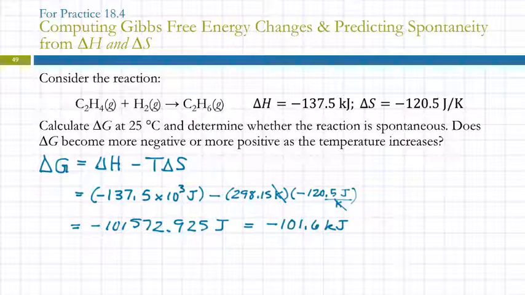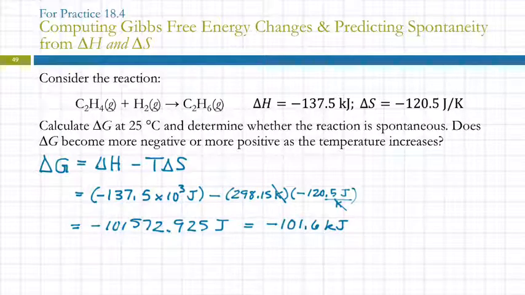Is it going to become more negative or more positive as temperature increases? So as this temperature gets larger, I'm subtracting a negative number. I'm adding, right? And as temperature increases, I'm adding a larger and larger number. So it's going to become more positive, right?